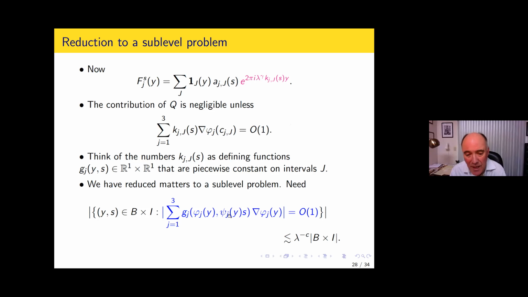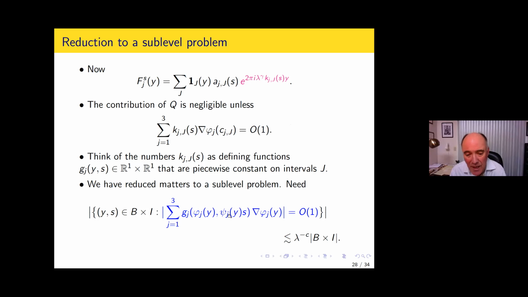So I have an inequality with two components. And I have a sublevel set defined by this being big O of 1. And I want to prove that the measure of the set where that happens is controlled by a negative power of lambda. So that's a sublevel set problem.